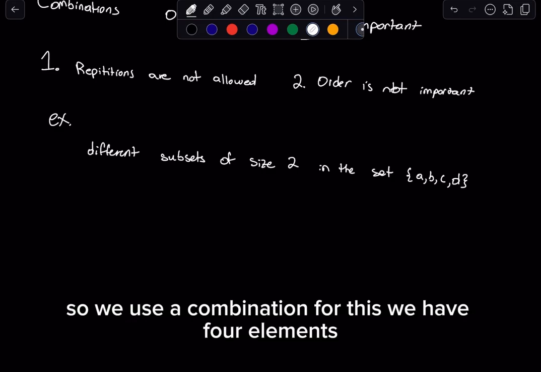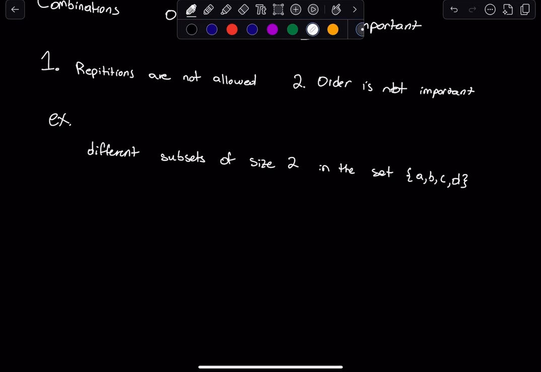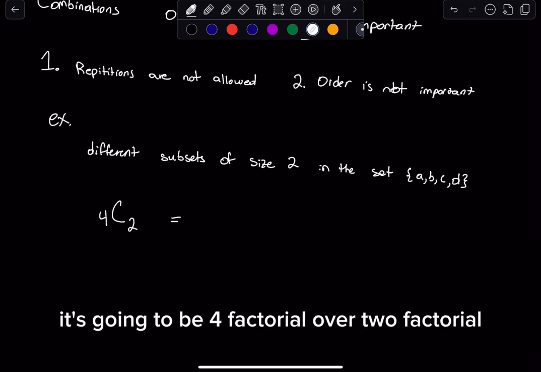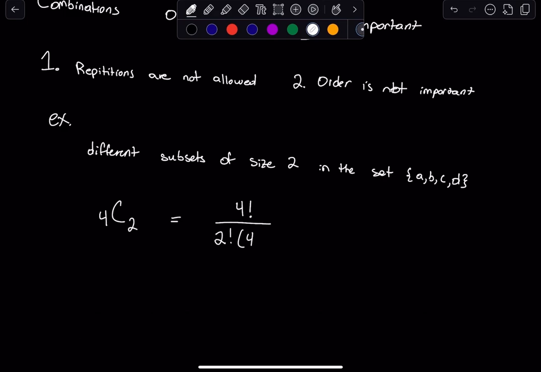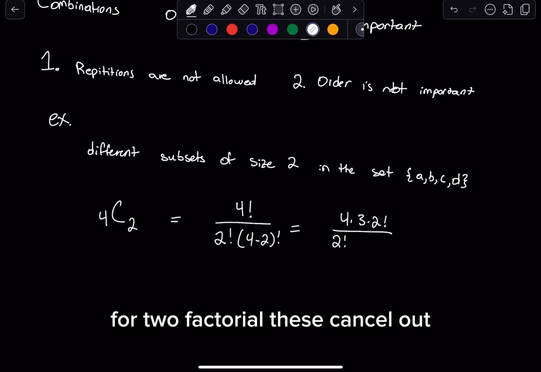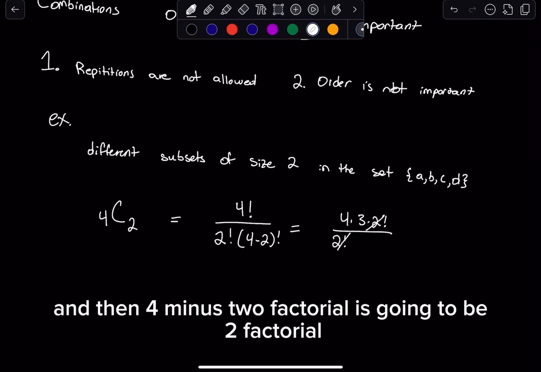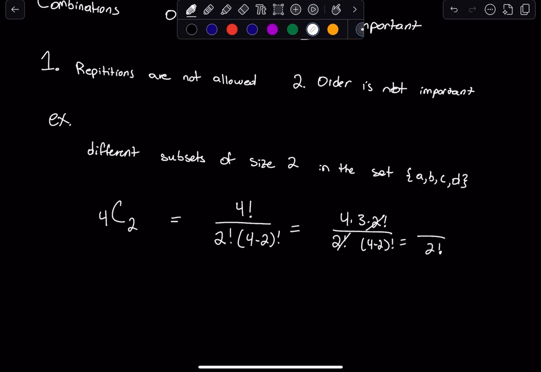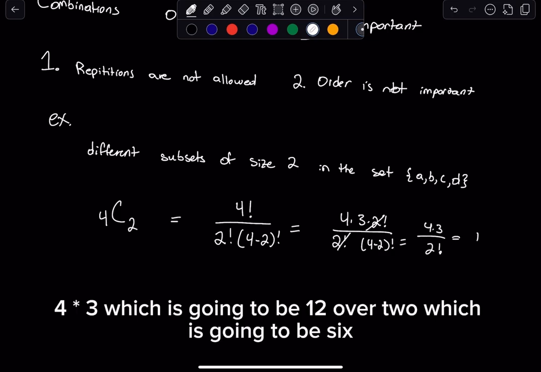So we use a combination for this. We have 4 elements. Choose 2. It's going to be 4 factorial over 2 factorial times (4 minus 2) factorial. So it's going to be 4 times 3 times 2 factorial over 2 factorial. These cancel out. And then (4 minus 2) factorial is going to be 2 factorial. 4 times 3, which is going to be 12, over 2, which is going to be 6.